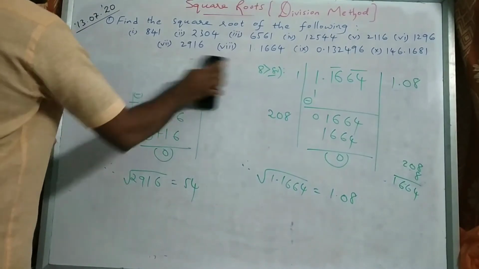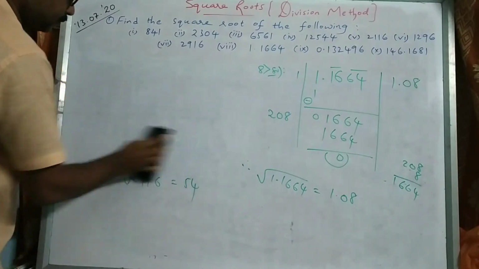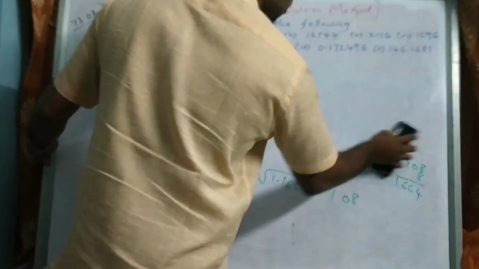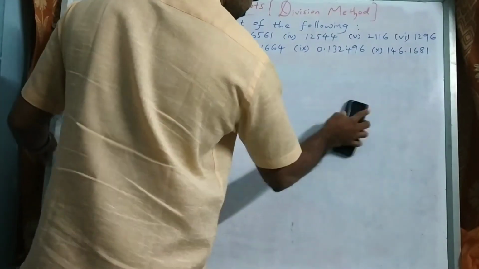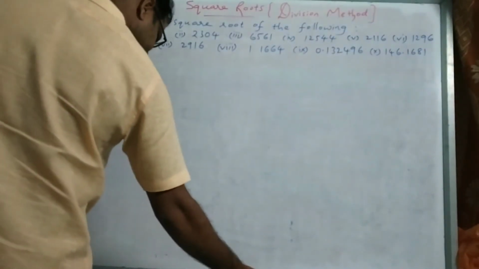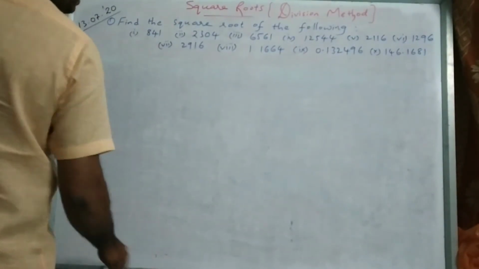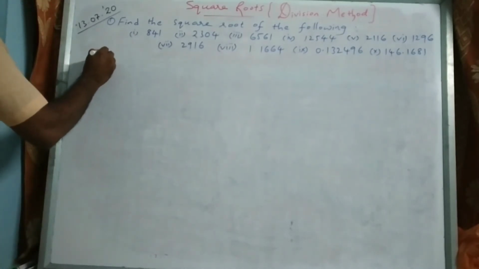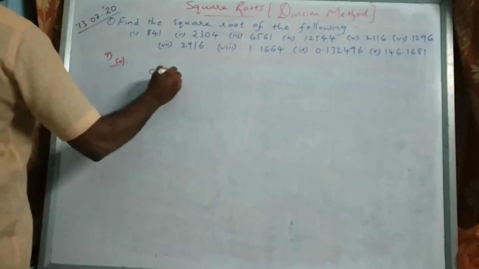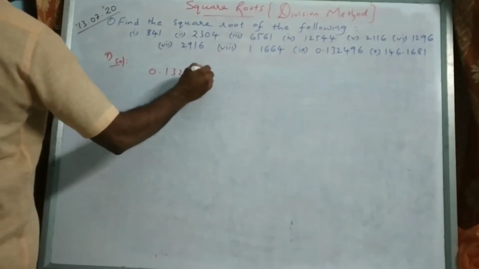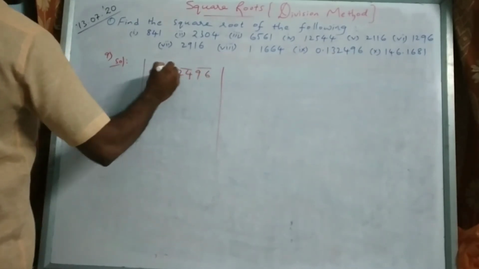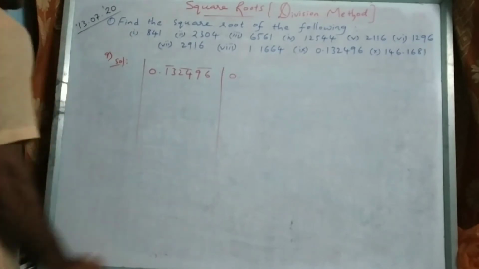Ninth one: 0.132496. Now 2, 2, 2. The 0 point is already there, shift there.